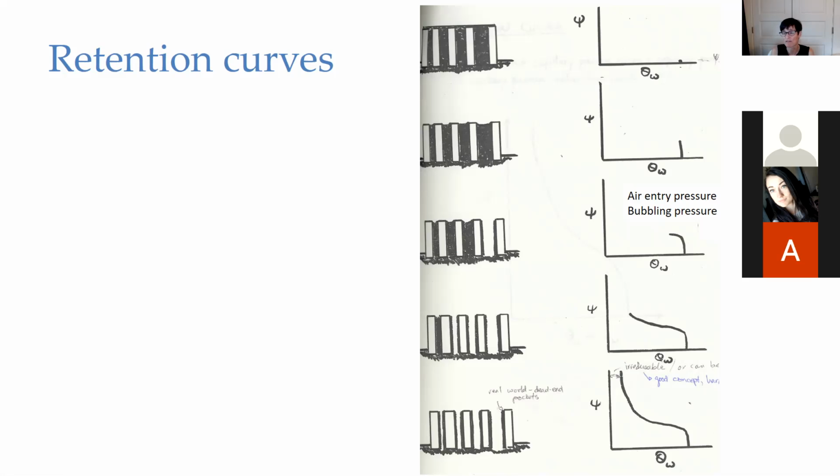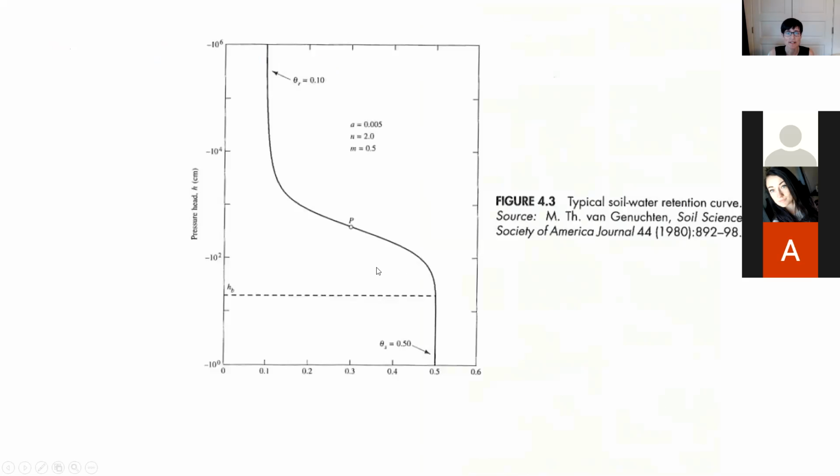In real life, you could do this with a lookup table in MATLAB, but in real life, what they do is they have complicated, ugly equations that approximate this kind of curve, and then you can just calculate it analytically. It's an empirical equation, but you can just calculate what it should be. All right, so that's the retention curves, and that gives us the dSw/dP term. All right, next one.